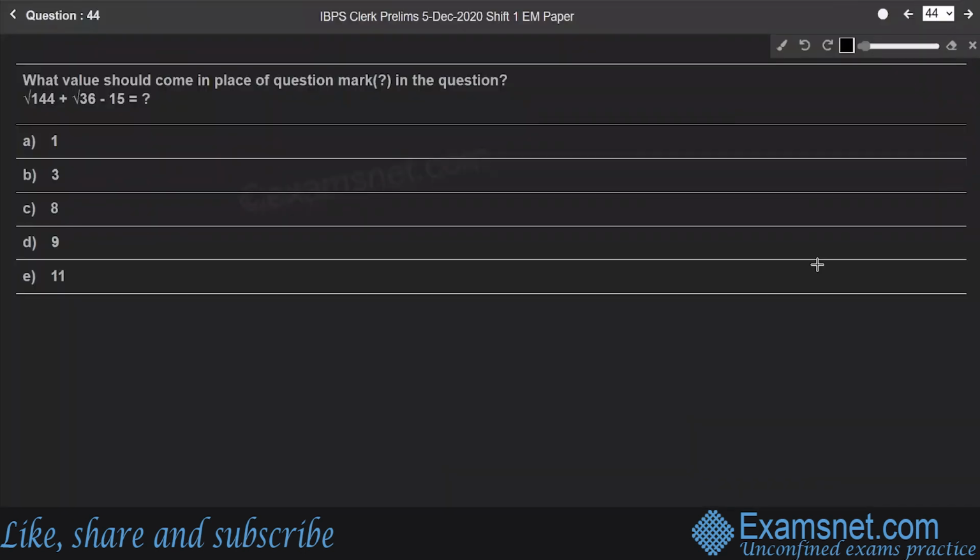Question 44. What value should come in place of question mark in the question? So here the question is root of 144 plus root of 36 minus 15, it is not root of 15, minus 15 is equal to some value. Let the value be x here. So 144 is a square number, it is the square of 12, and 36 is also a square number, which is the square of 6.